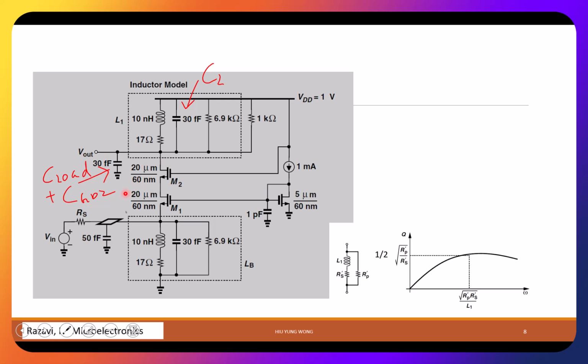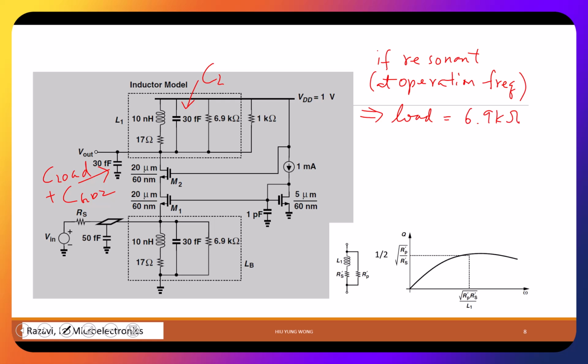Now, if they resonate, what does it mean? If resonance, right at the operation frequency, 5.5 gigahertz, then the load is just 6.9 kilo ohm, because this is the parasitic resistance of the inductor.